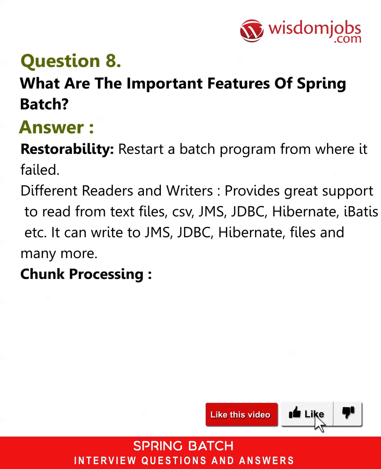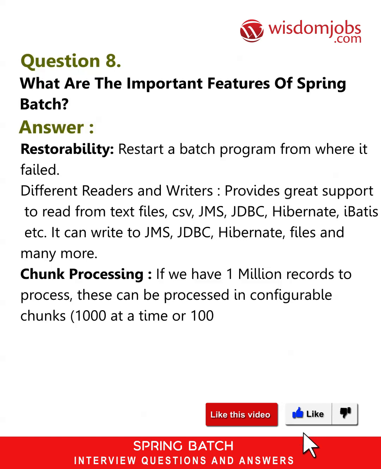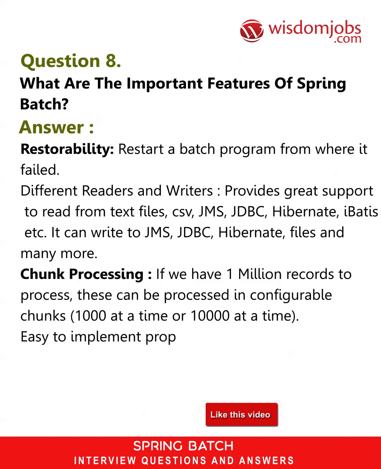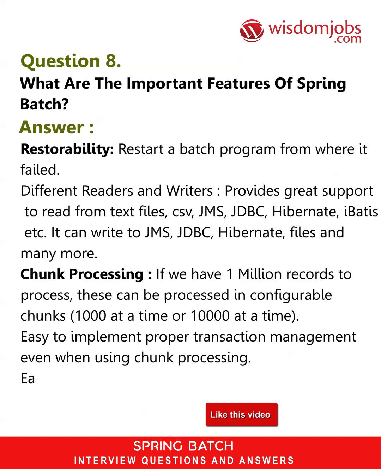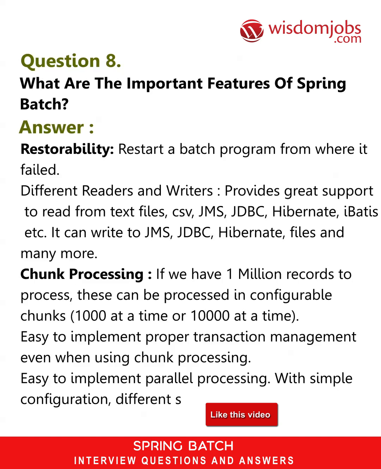Chunk processing, if we have 1 million records to process, these can be processed in configurable chunks, 1000 at a time or 10,000 at a time. Easy to implement proper transaction management even when using chunk processing. Easy to implement parallel processing. With simple configuration, different steps can be run in parallel.